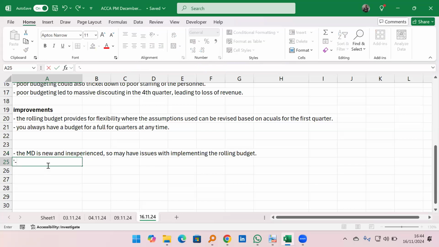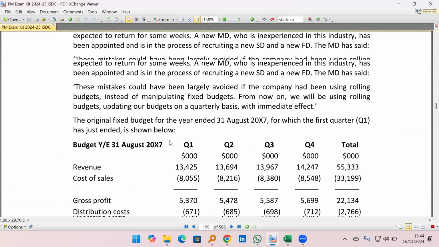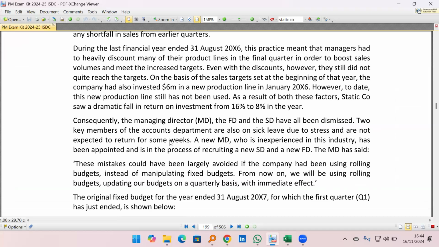Also, the rolling budget needs more personnel and time than a fixed budget. Why do I bring this out? What I want to bring to the attention of the examiner is that the key members of the accounts department are on sick leave due to stress.